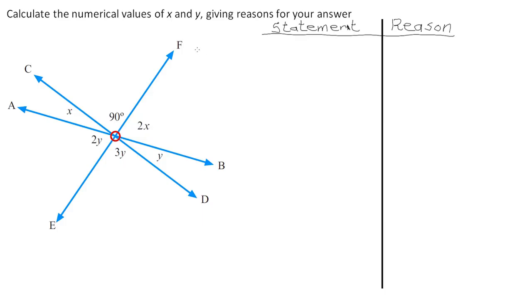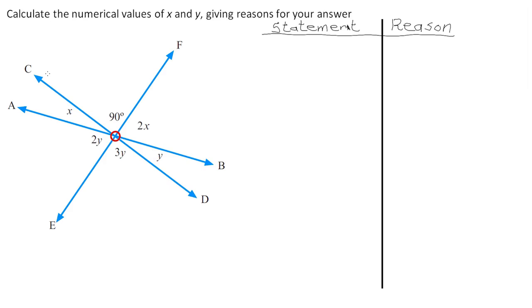Now let's look at what we have here. We only have lines here. We have line AB, we have line CD, and we have line EF. And let's look at the theorems about these lines.